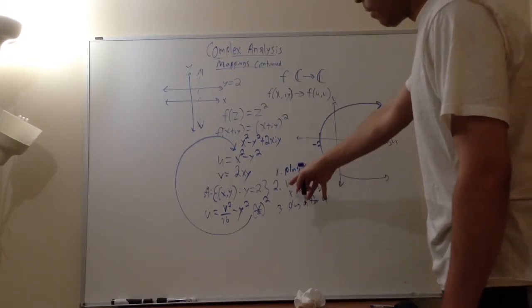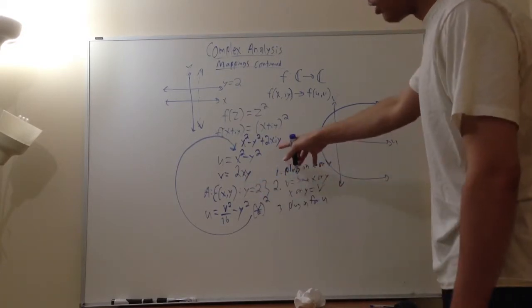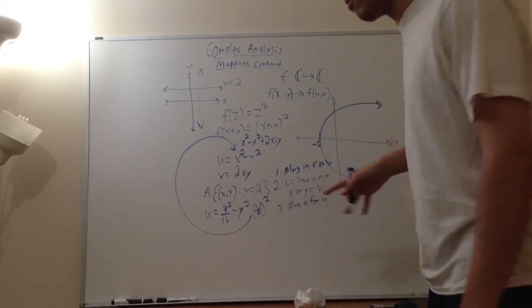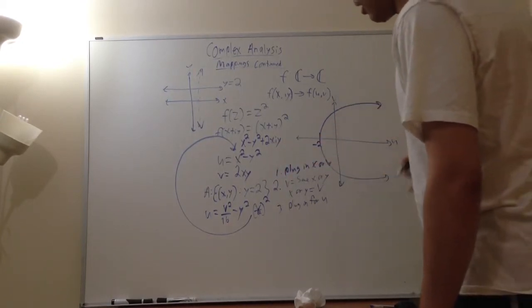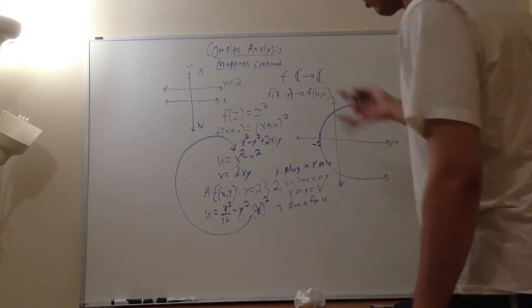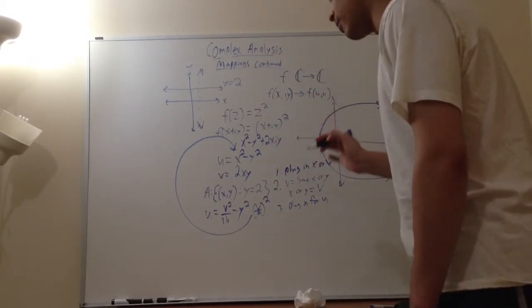And you can probably prove this to yourself if you plug in some arbitrary integer, or really any real number, and follow this procedure. You'll see that you're just going to end up getting parabolas after parabolas after parabolas. So the lines map to parabolas, which is a very interesting way of thinking about it.